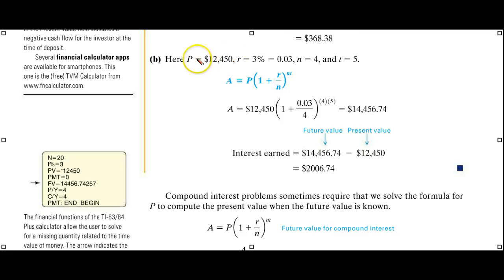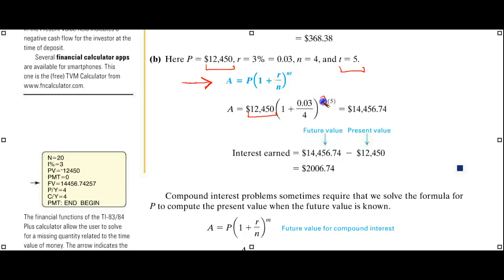As we do example B, again we're going to use the same formula. Our principal is this, that we'll put right there. The 1 is the easy part. Our rate is 3%, which we convert to a decimal. We're going to do this quarterly, so that would be 4. And for a 5-year period, we can get our m here by multiplying the 4 times the years, which would give us 20.